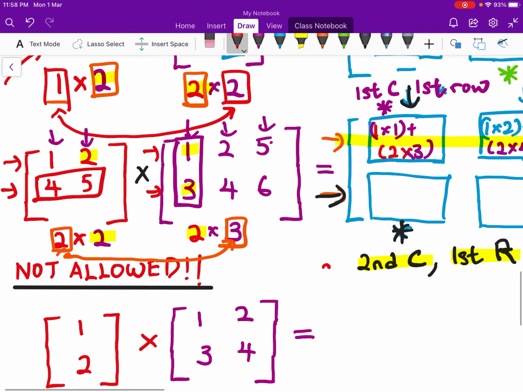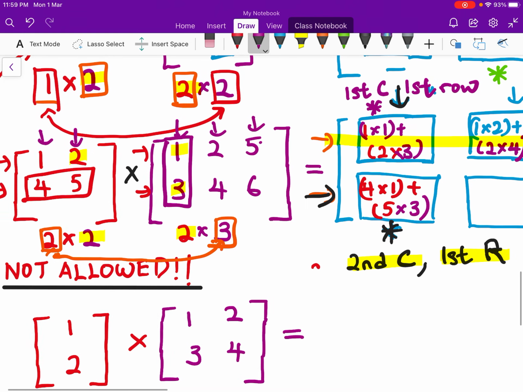So first number times first number, 4 times your 1. Then we add the second number times your second number, 5 times your 3. Alright, we are done with this box.